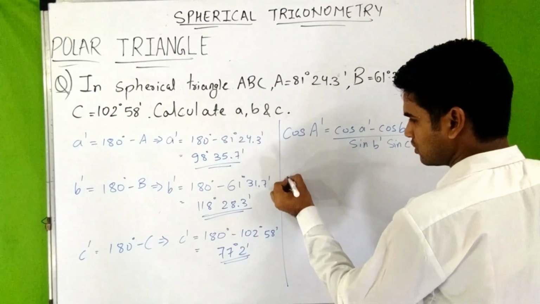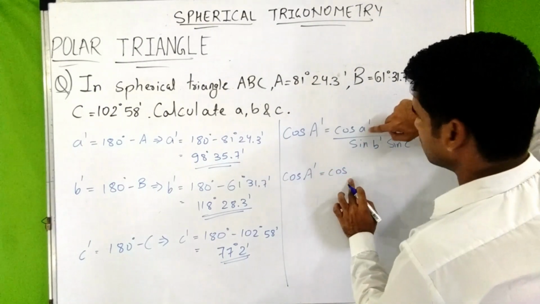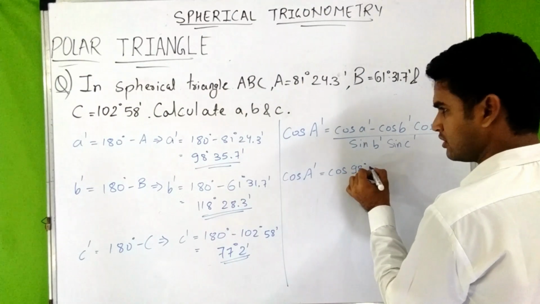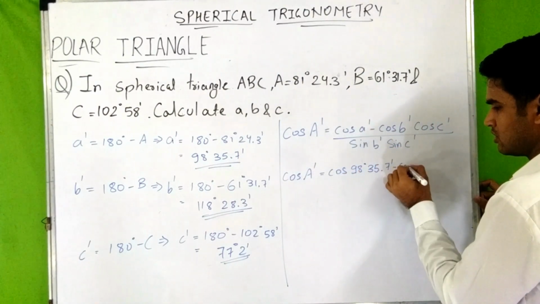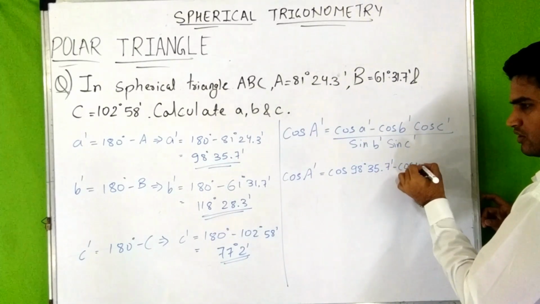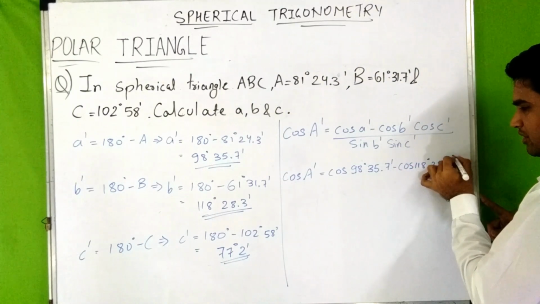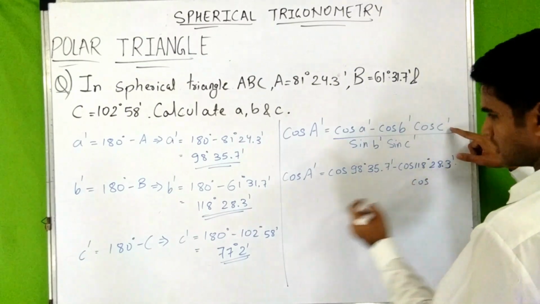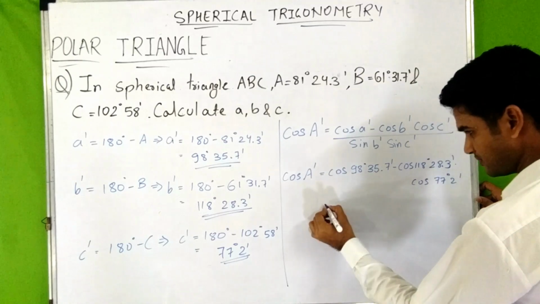So cos capital A dash is equal to cos of small a dash, that is 98 degree 35.7 minutes, minus cos small b dash. Value of small b dash is 118 degree 28.3 minutes, into cos small c dash. Value of small c dash is 77 degree and 2 minutes.